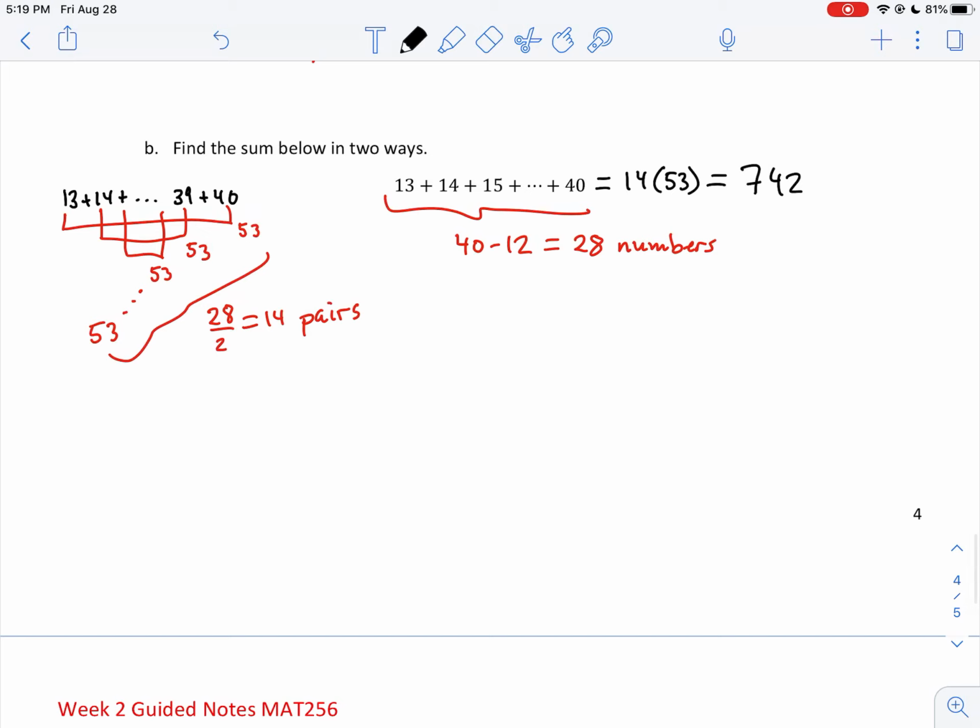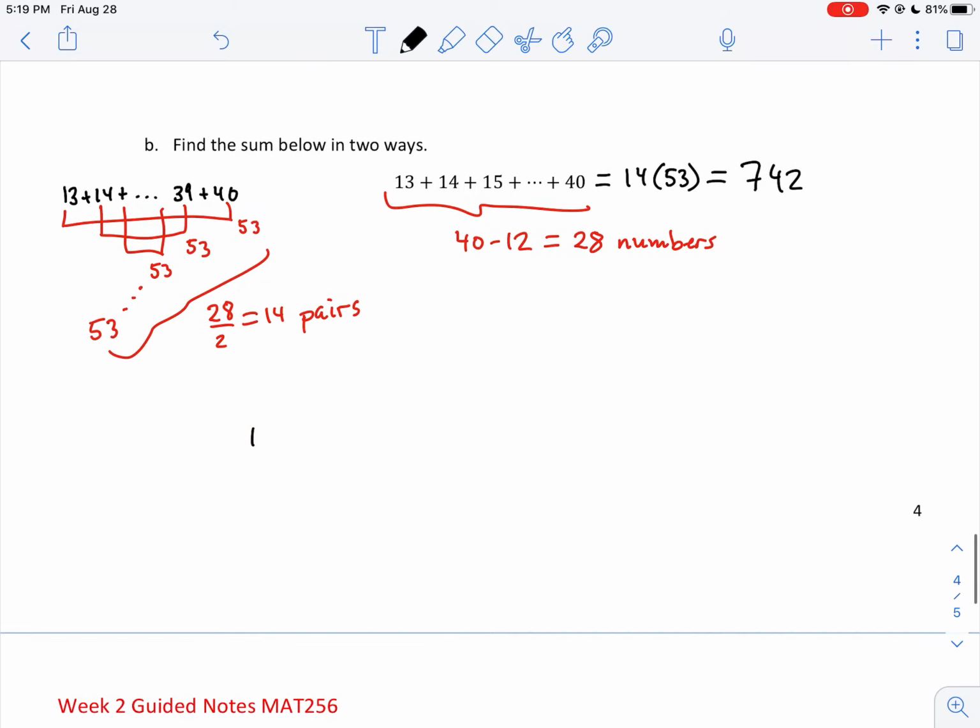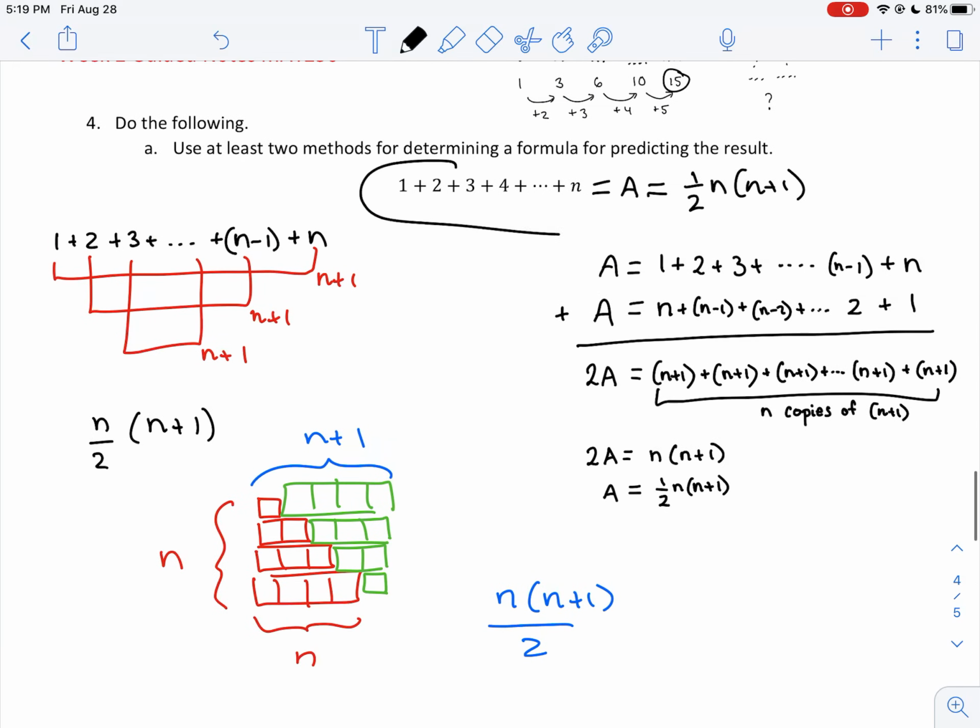Another way is to, again, I'm going to put that 1 through 12 on here. And then 13 and on. I can use this information, or this formula that we have here, in a creative way. If I add 1 through n, I can use this formula to get the result.